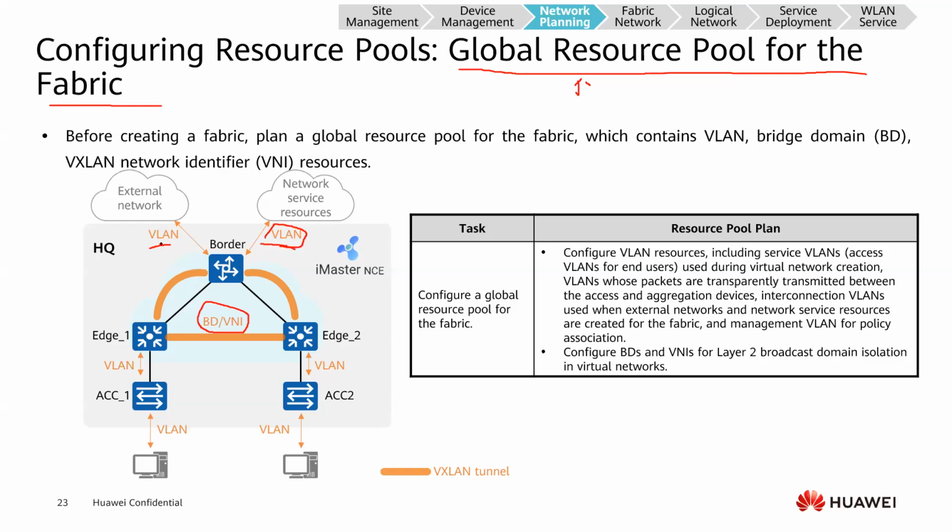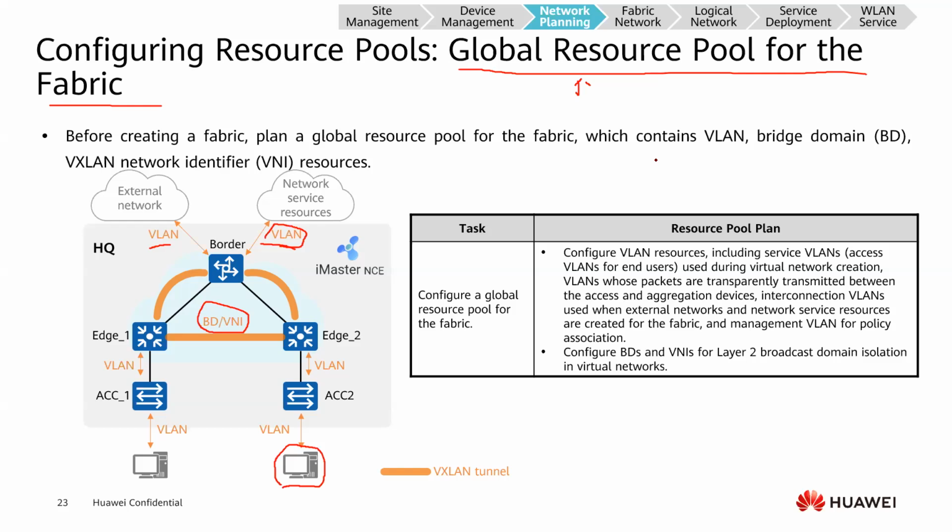So there is the interconnection VLAN between the border and the external network, and also the VLAN for the users to access, just the service VLAN. These two VLANs will be considered in the global resource pool.